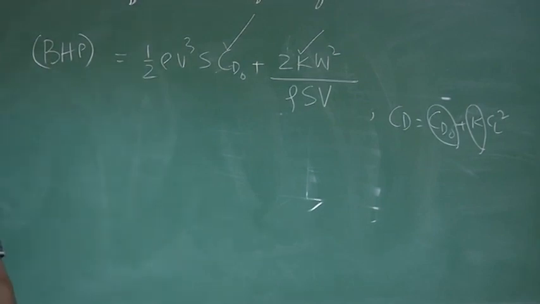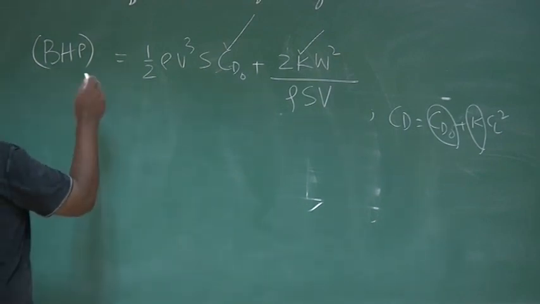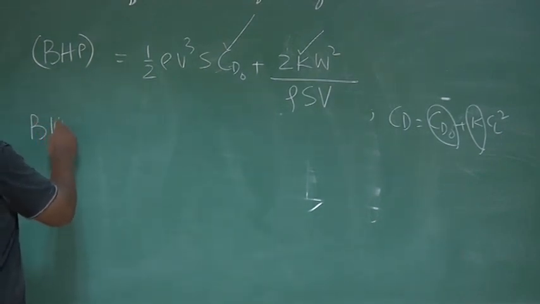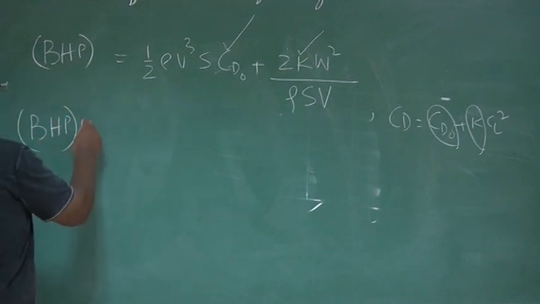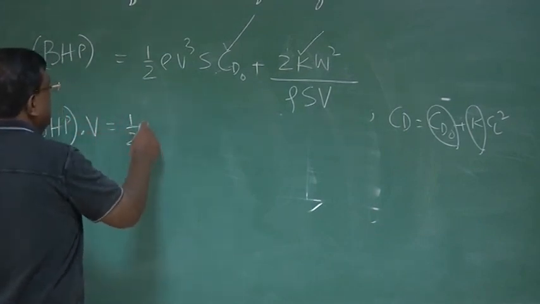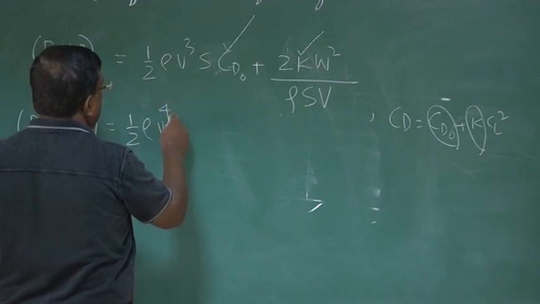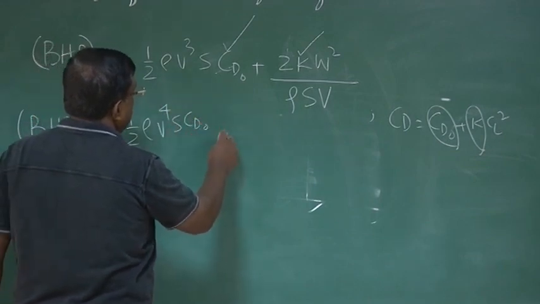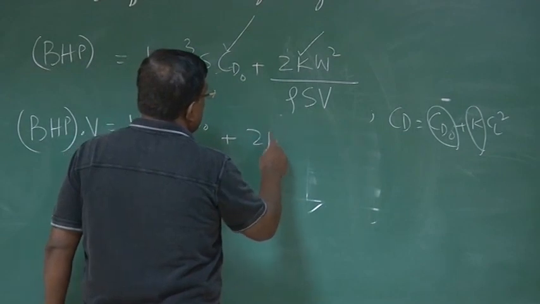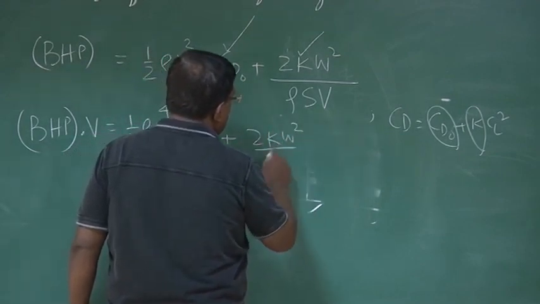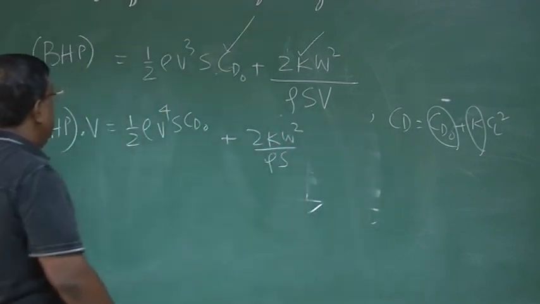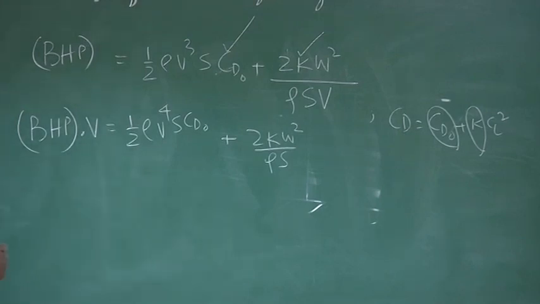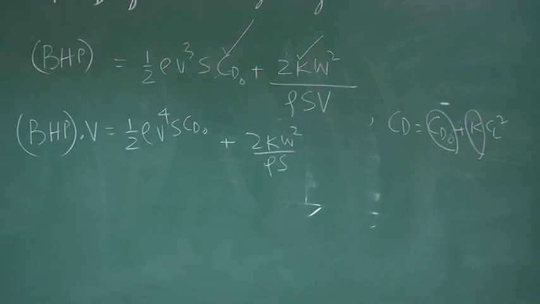Now we do a little bit more arrangement. What we do, we multiply both sides by V. So what I have, BHP into V is equal to half rho V to the power 4 S CD naught plus 2 K W square by rho S. But if I do further rearrangement, let me write separately because we will be planning our experiment based on this expression.